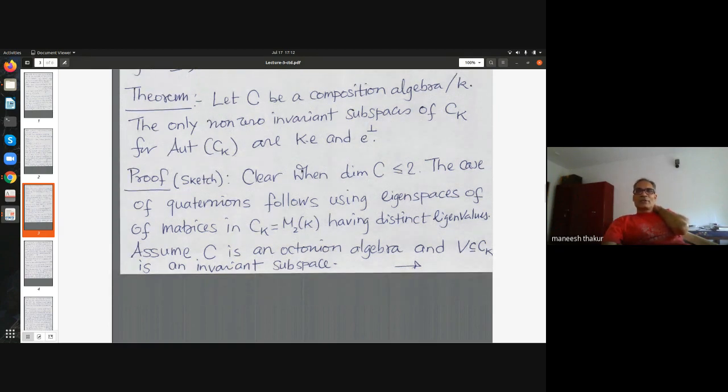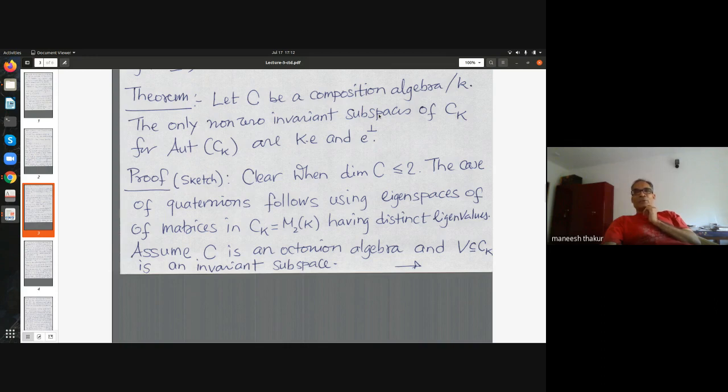This is obvious when dimension C is less than or equal to 2, because dimension 1 is the field case. The 2-dimensional case is just done by hand. There's nothing there. Next, let's look at the case of quaternions. Here again, one has to do some explicit linear algebraic computations because I am assuming invariant subspaces.